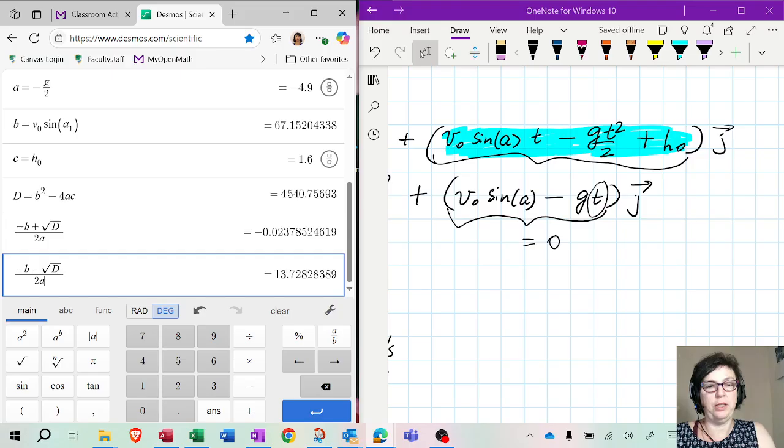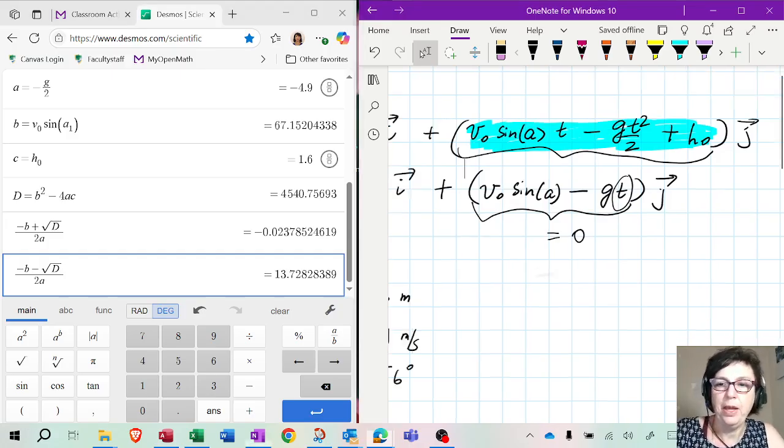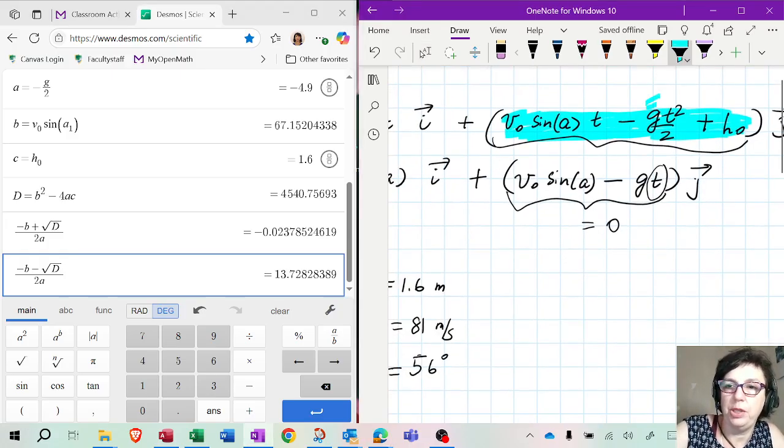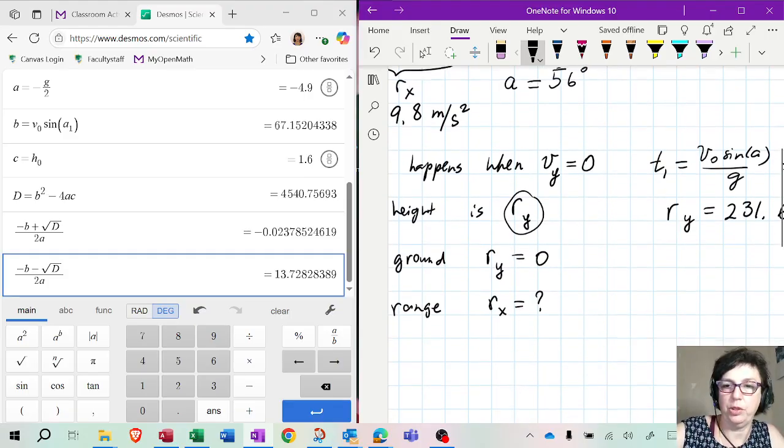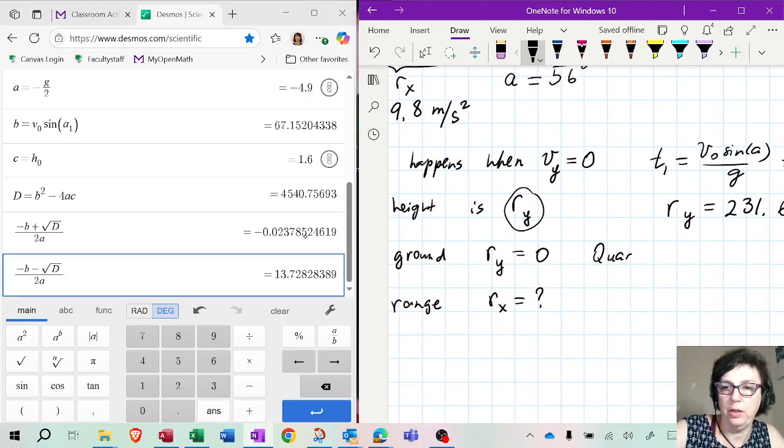Only one of these solutions is correct. Why? Because the negative is not okay, because we're talking about time. So when we set this equal to 0 and used the quadratic formula, we got the time. And we basically used the computer to do it for us. And we got t2, which is the second time, equals 13.7282.